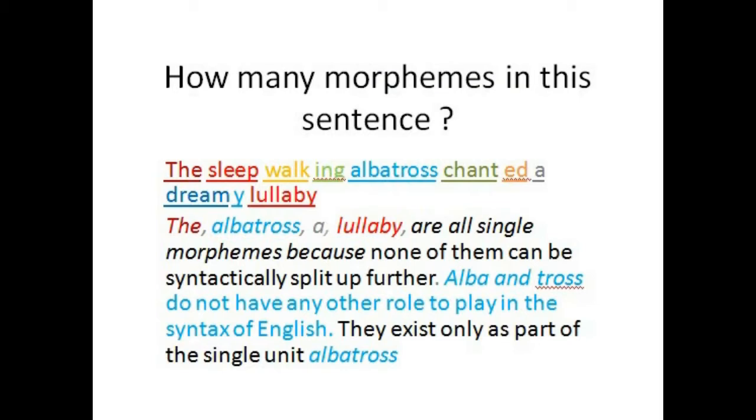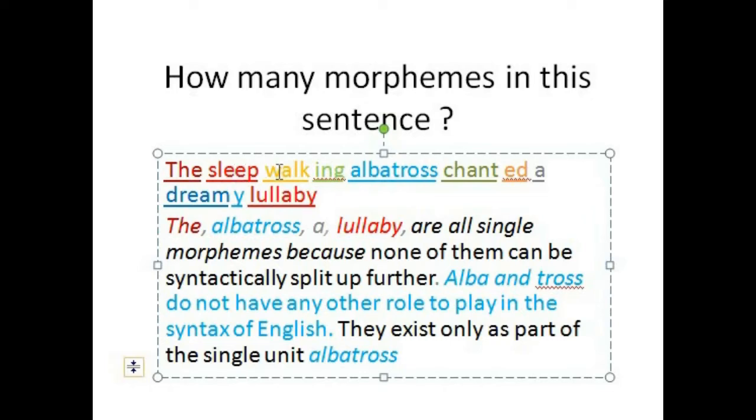We have some examples, and we need to know how many morphemes are in this sentence. The sleepwalking albatross chanted a dreamy lullaby. So if you notice here, we have the, sleepwalking, albatross, chanted, a, dreamy, and lullaby.